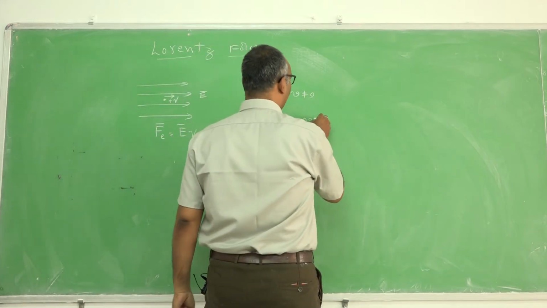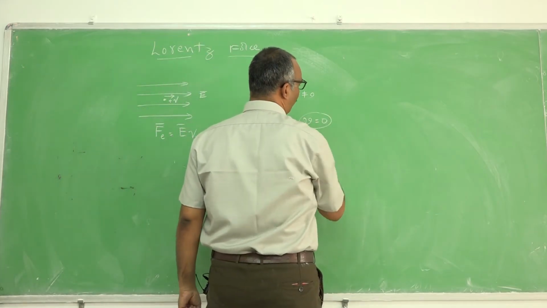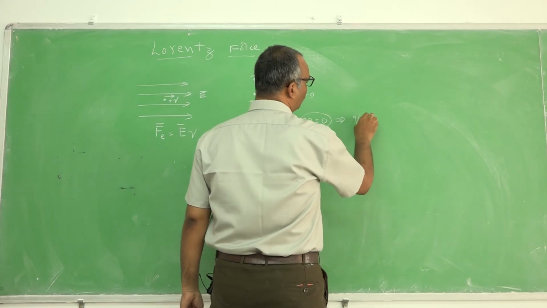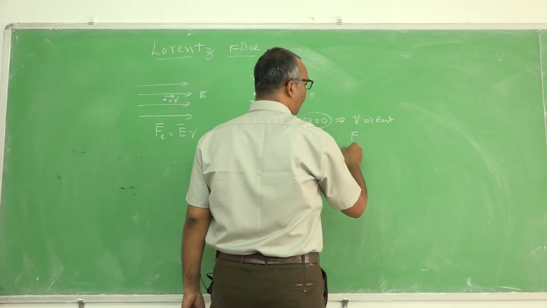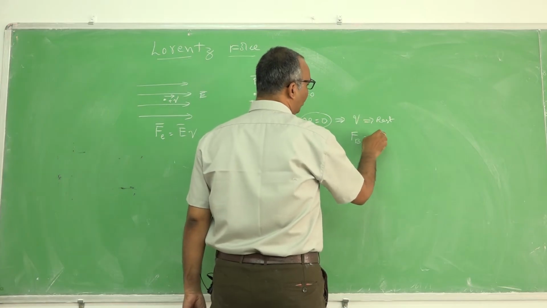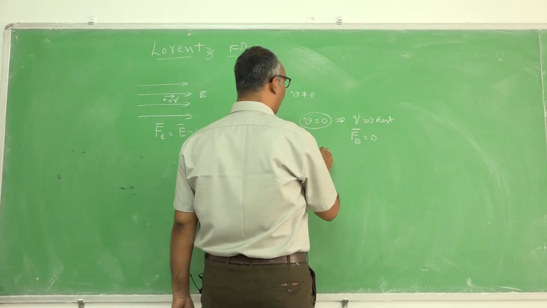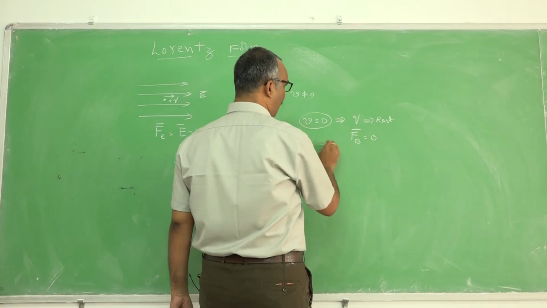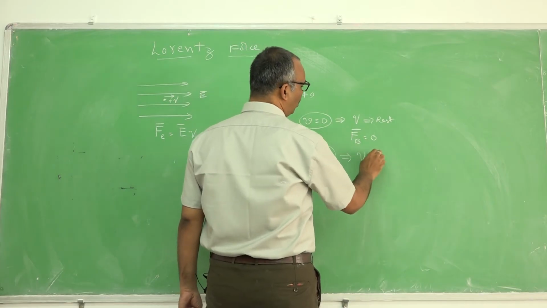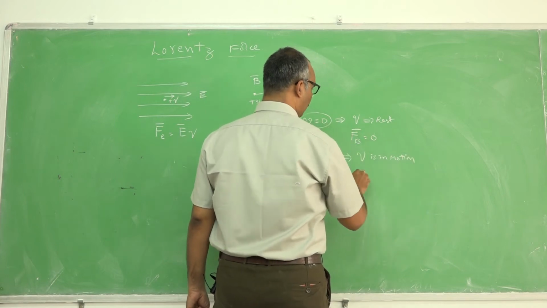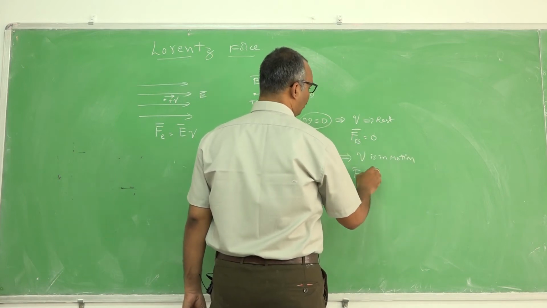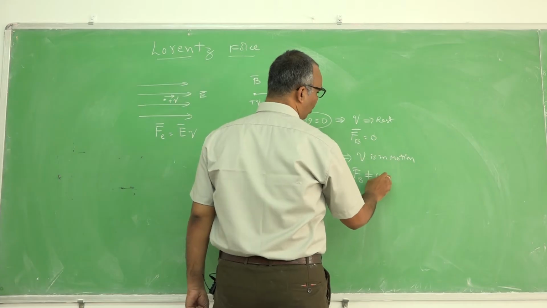If the velocity of the charge is 0, V is 0, that means Q is at rest, and the force experienced by this charge because of the magnetic field is 0. If V is not equal to 0, that is, Q is in motion, then the force experienced by this charge due to the external magnetic field is non-zero.